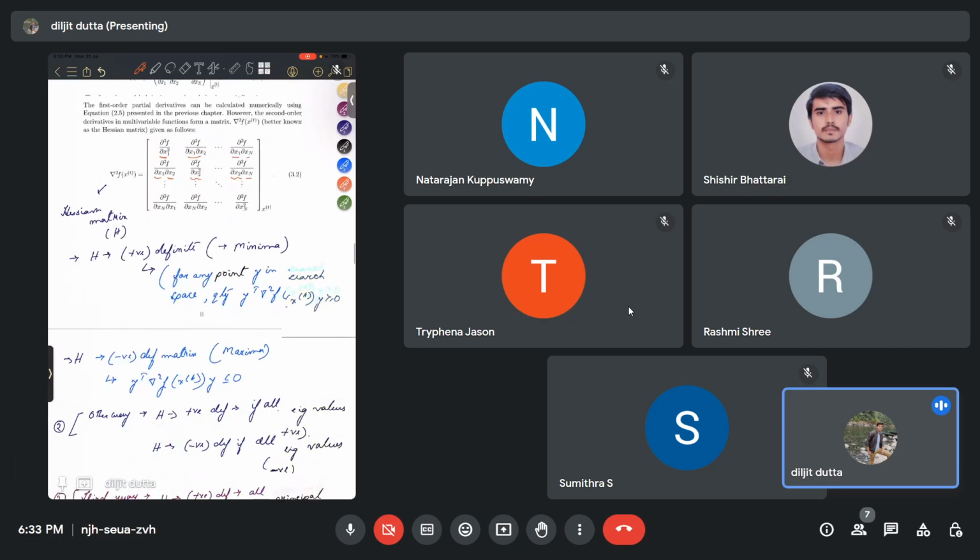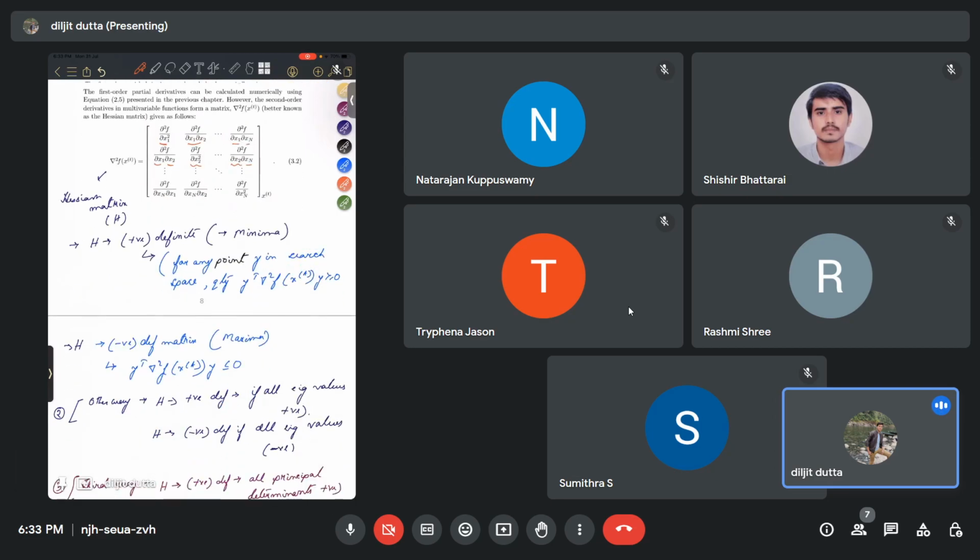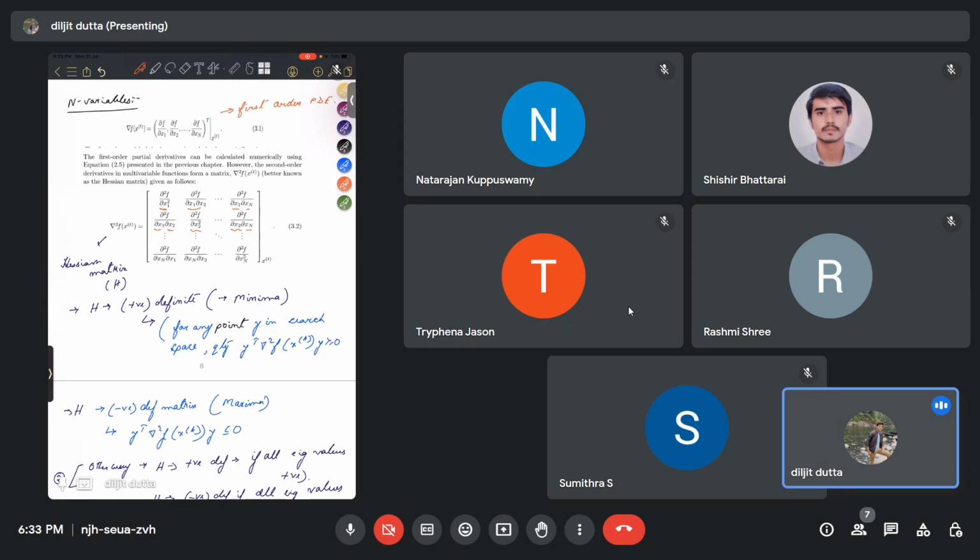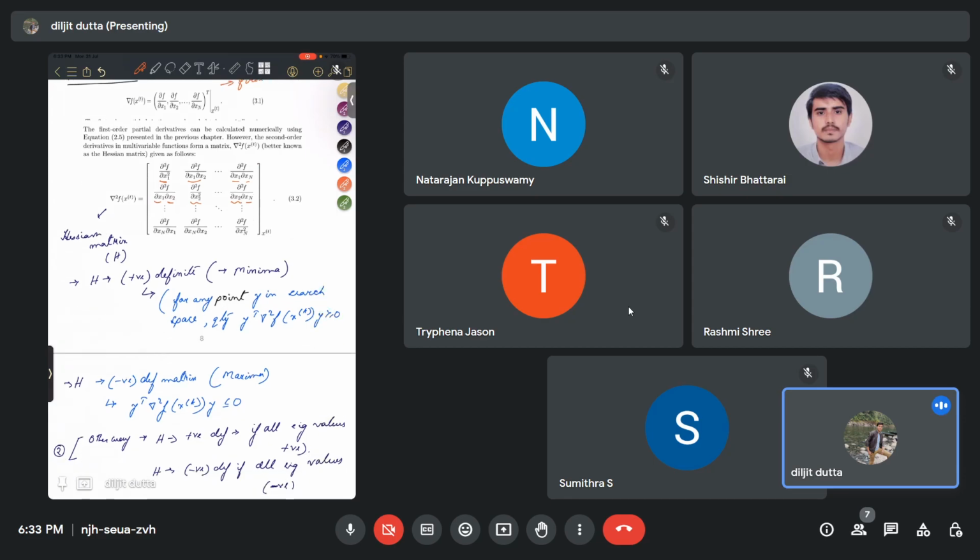So now, how do we define a positive definite and a negative definite matrix? We said that if the Hessian matrix is positive definite, then it is a minima. So how do we define it as positive definite?